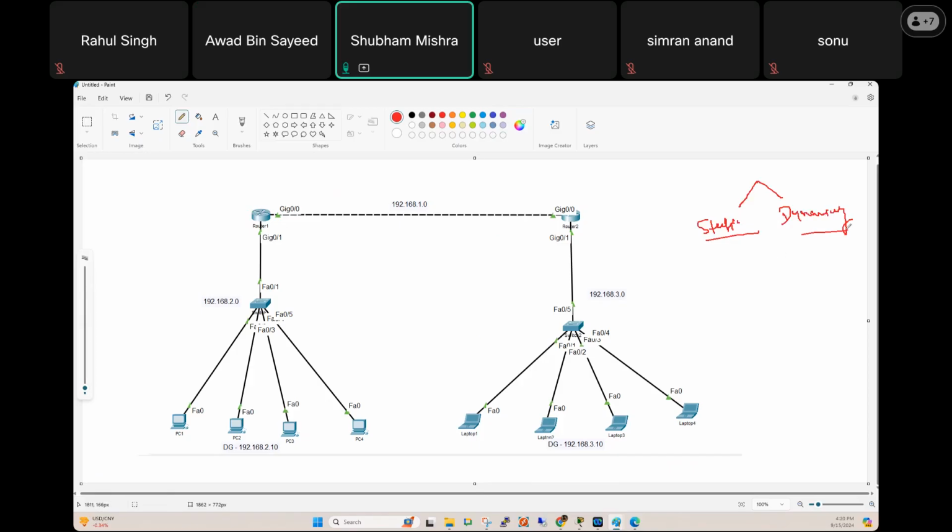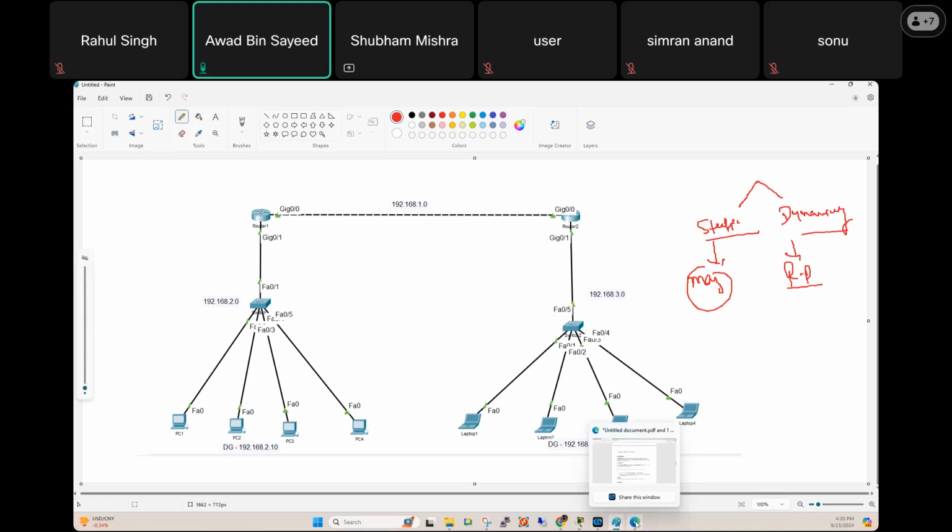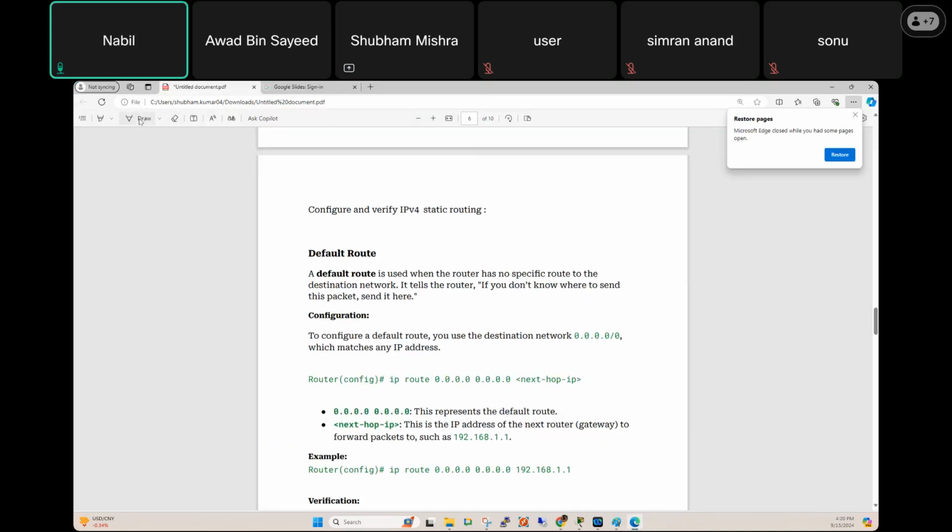Statically means you need to configure it manually, and dynamically means you need to configure a routing protocol. So right now we are discussing static. Clear? Anyone any doubt till now?